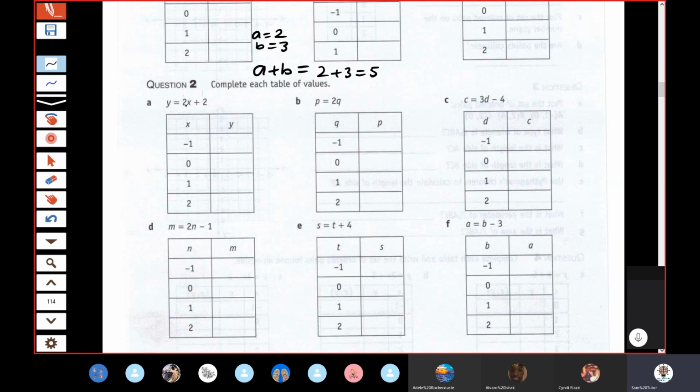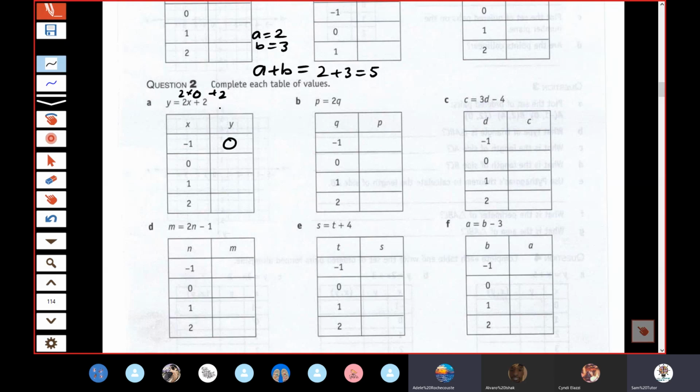X is -1. So it becomes 2 times -1 plus 2. What's 2 times -1 plus 2? Plug it into your calculator if you have to. I'm sure you know. 0, there it is. That's y. What's the next one? 2 times 0 plus 2.